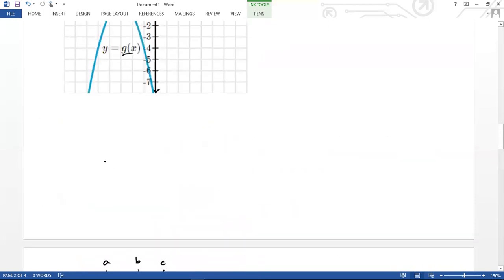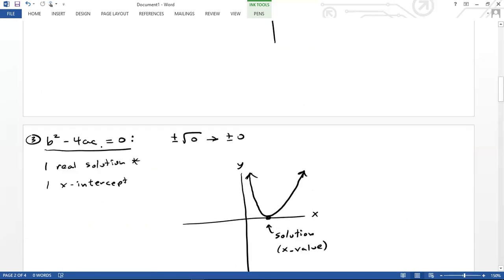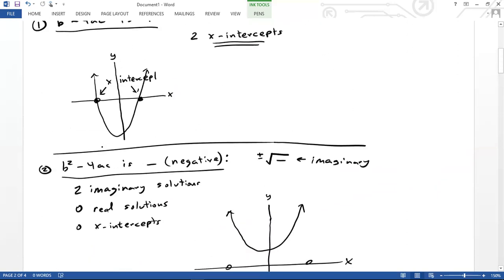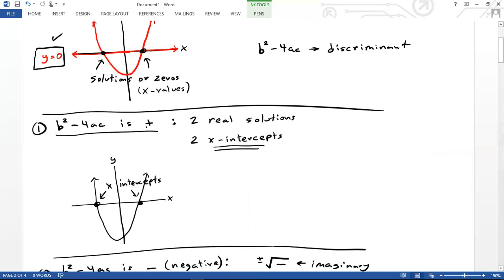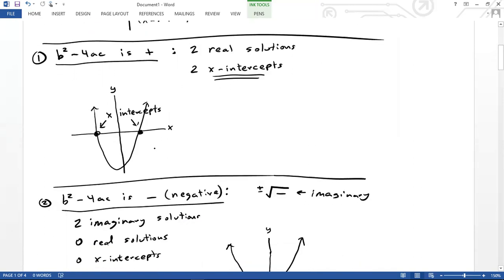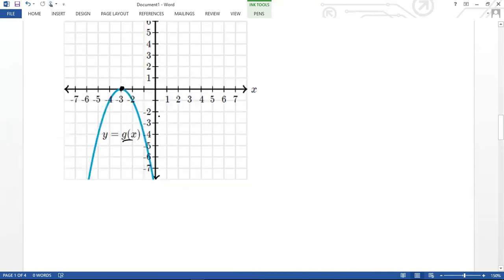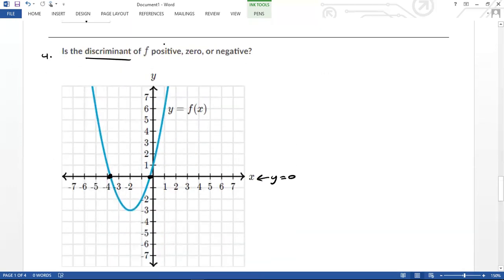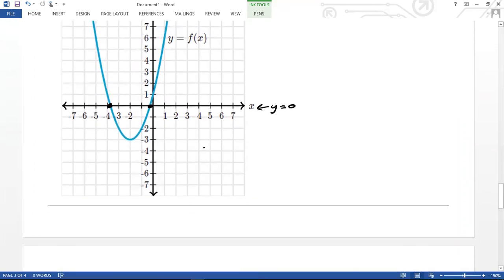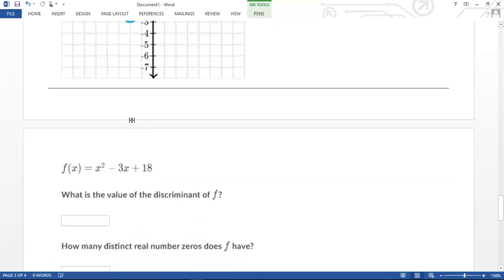Two solutions, I think that was case number 1. Two solutions means b squared minus 4ac is positive. So b squared minus 4ac is our discriminant, and it's positive. So in this problem, the discriminant is positive. It'll be multiple choice. You'll see, because we have the 2 solutions.